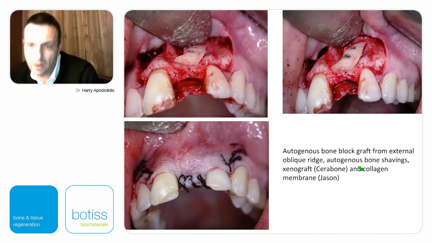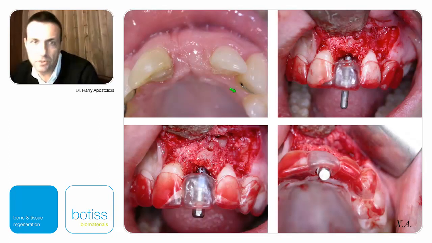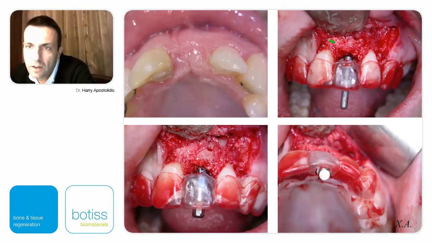Cerebone under there, collagen membrane adjacent. See that on re-entry 6 months after the original surgery. You see here the incorporated xenograft granules and the scrapings around the bone block.